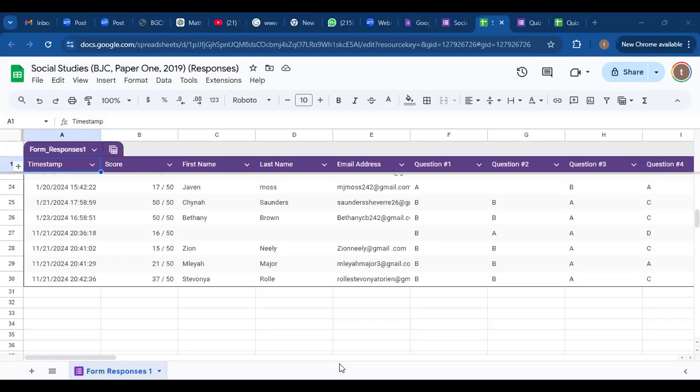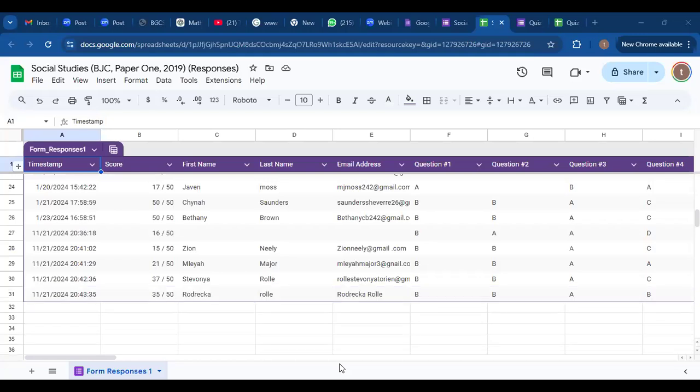I'm on number 11. Okay. Rodrigo Rule, where's Roger? Try to at least get a 40. Okay.